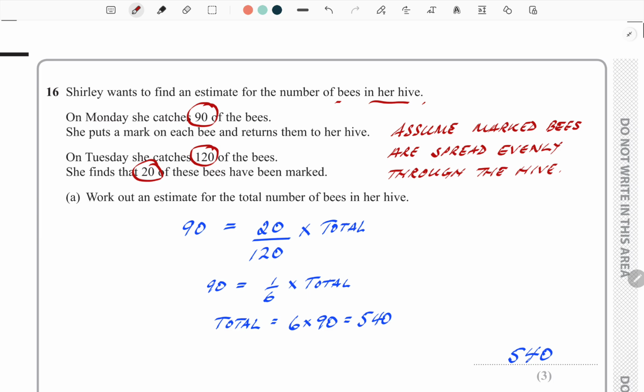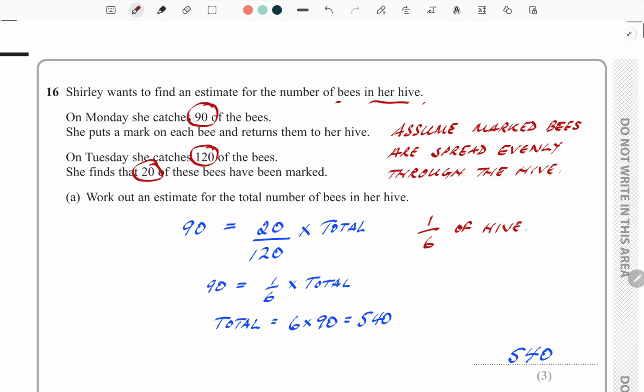All right. So on the second day, of the 120, only 20 are of the marked kind. All right. So that means that they form 1/6 of the population. All right. So 1/6 of the hive. And so 1/6 of the total must equal 90.